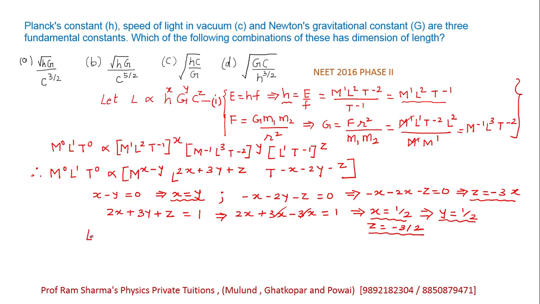You will get L is proportional to h to the power half, g to the power half, and c to the power minus 3 by 2. Or I can write L is proportional to (hg) the whole raised to half upon c raised to 3 by 2, which can be written as proportional to root of hg upon c cubed, because we know raised to half is root. So I think the option is option number A. This is the correct answer.